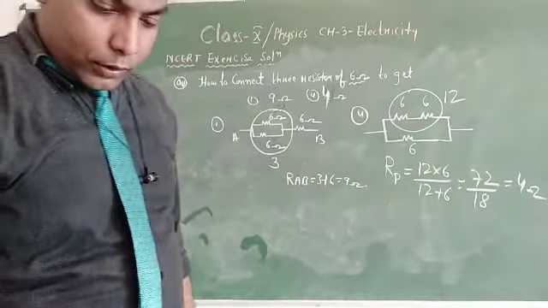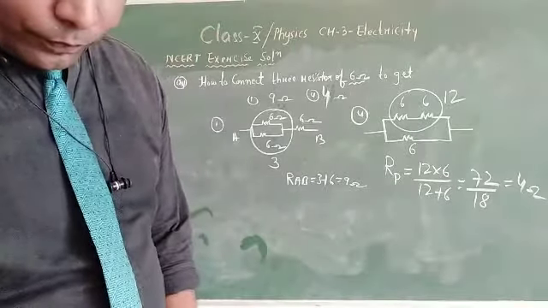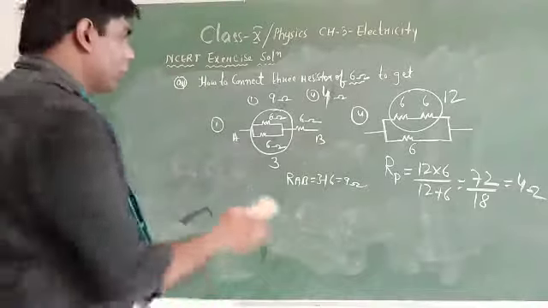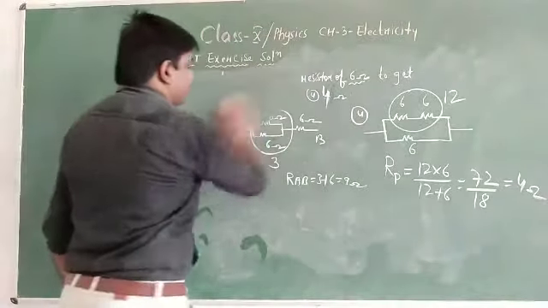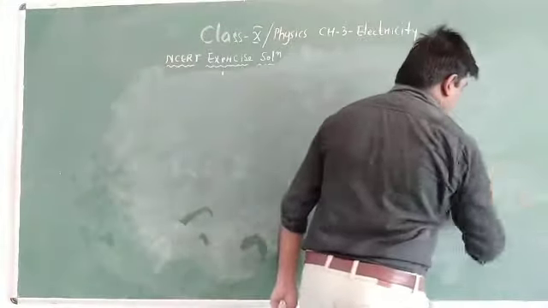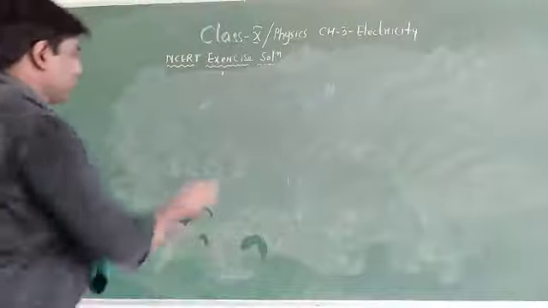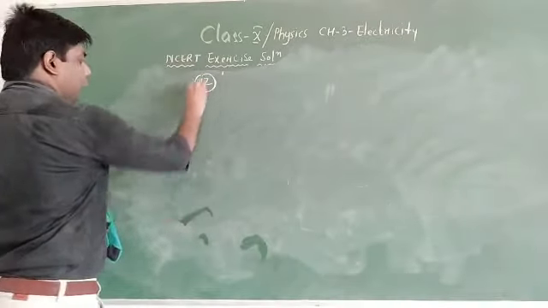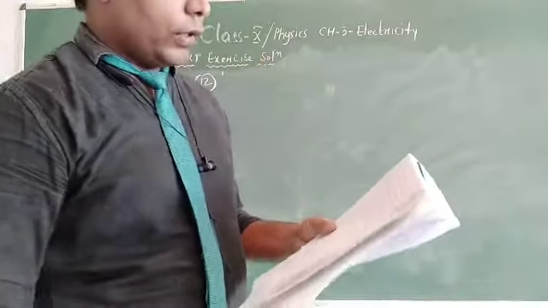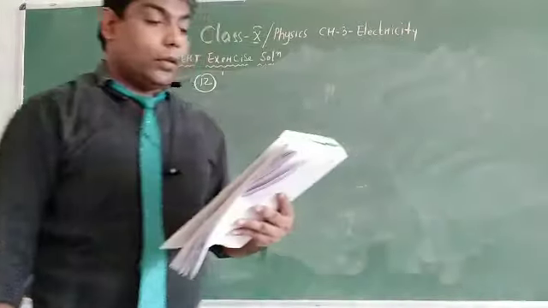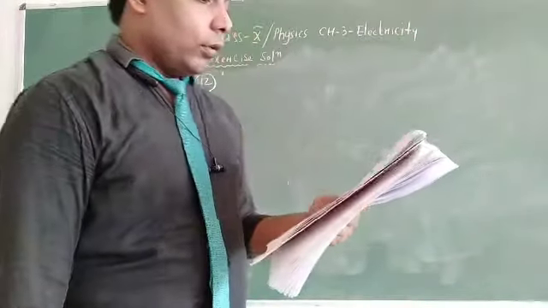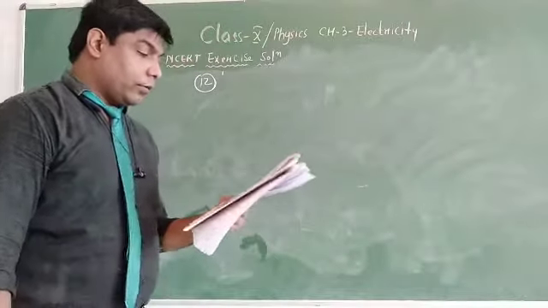Question number 12. Yes, it is just similar to question number 10. Several electric bulbs designed to be used on a 220 volt electric supply, rated 10 watt. How many lamps can be connected in parallel with each other across the 2 wires of 220 volt if the maximum allowable current is 5 ampere?